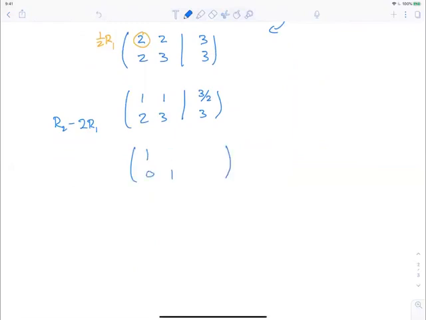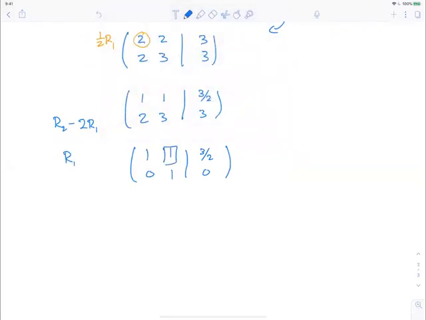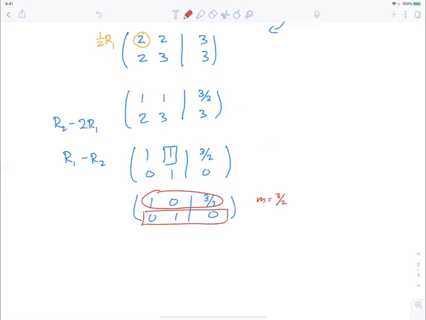Oh, we're not there yet. And now we just need to get rid of this pesky one right here. So here we have our system. The top one says the best solution for M is 3/2, and this bottom one says the best solution for B is B equals 0. So this is your best solution to our problem.